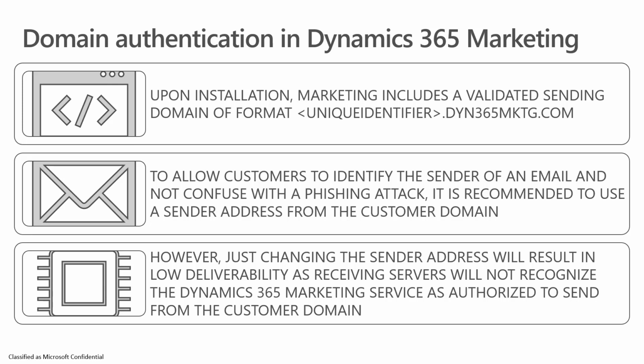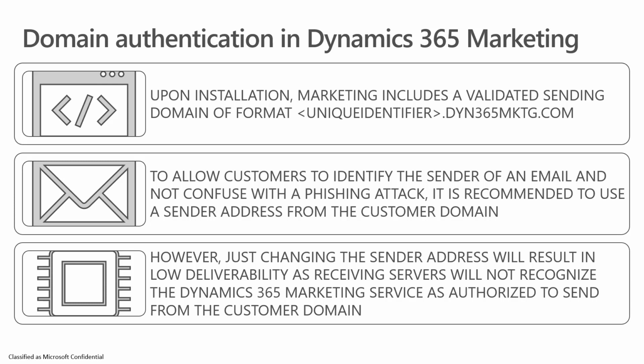We recommend that people use a sender address from a customer domain, something that identifies the company that's sending this marketing communication, so that users and customers can understand that this is a valid and legitimate email to receive.